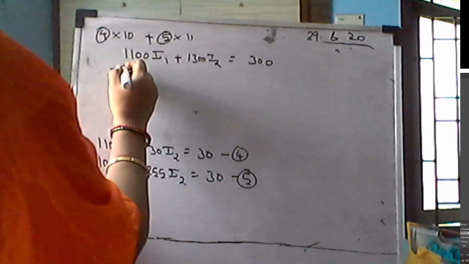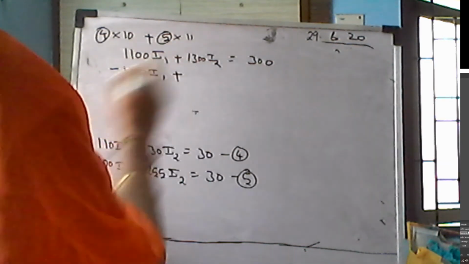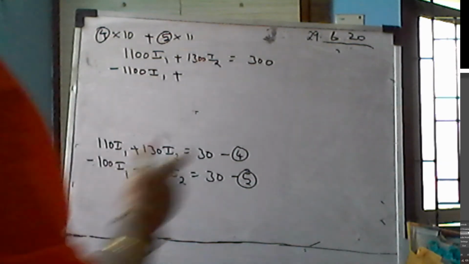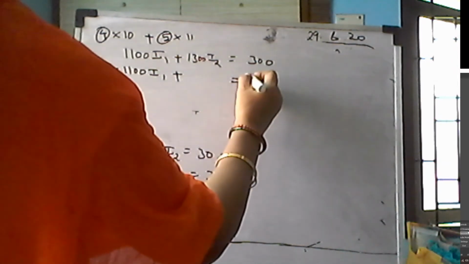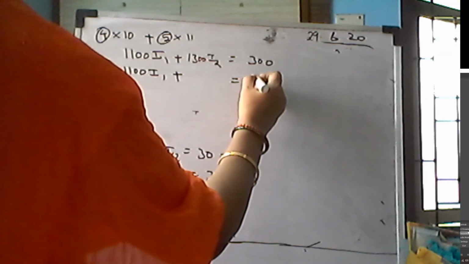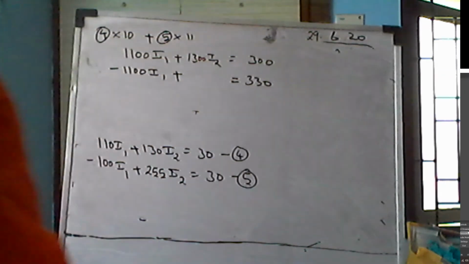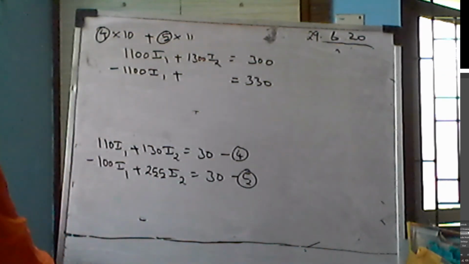So minus 1100 I1 plus 255 into 11, and 3 into 11, 33, 330. And one minute, I will calculate the value of this one.